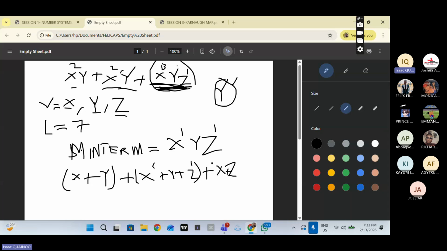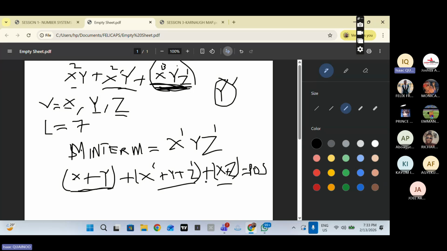We all agree that this right here is a POS expression, right? Why is it a POS expression, which is a product of sums? Because you can see that all the terms here are sum terms. This term is the sum of x and y, so it's a sum term. This term is the sum of x bar, y, and z bar, so it's a sum term. This term is the sum of x and z, so it's also a sum term.